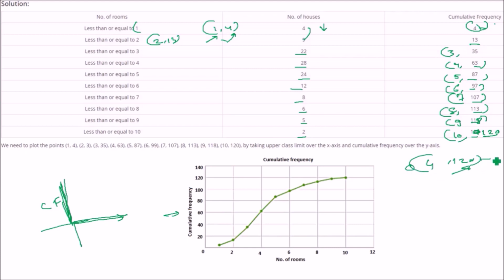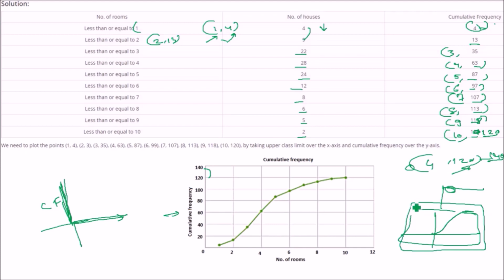Because the differences are 20, we can just make it 140 also. We don't want the graph to touch the box, so we make it a little bit higher so that the graph comes inside. The first point is 1 and 4.